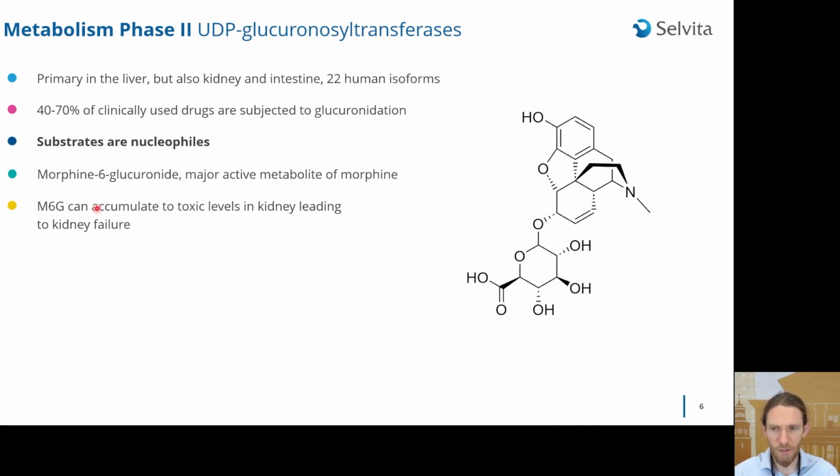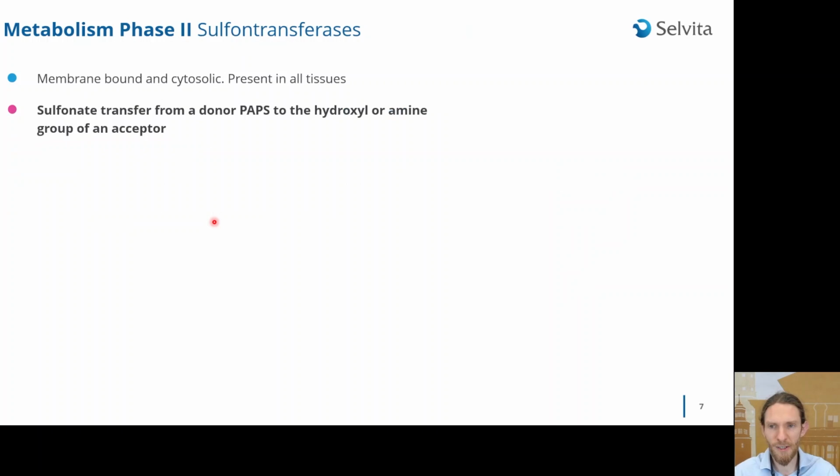In those people, this M6G metabolite accumulated to toxic levels in kidneys, leading to kidney failure. This is not the only example of a case where a metabolite is much more toxic than the parent molecule itself. Now let's move to sulfotransferases.